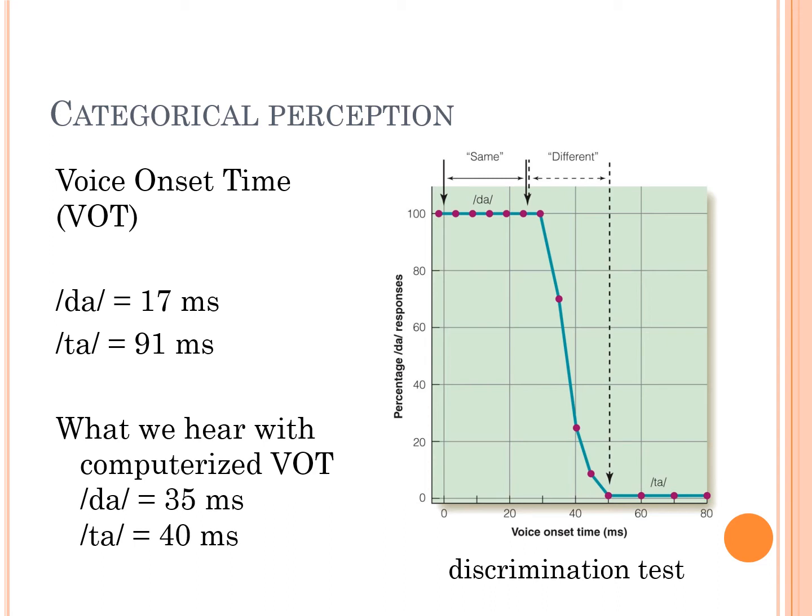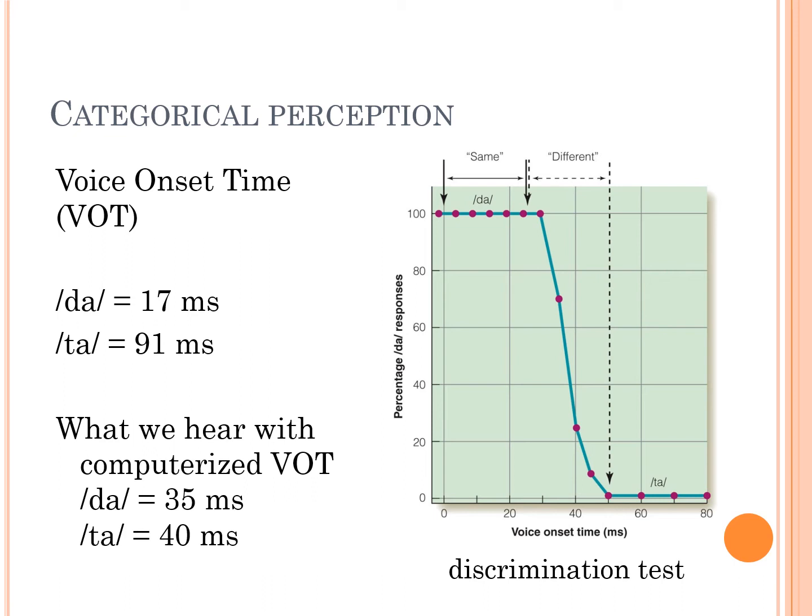Now let's look at the 25 milliseconds that spans that categorical boundary between "da" and "ta." This phonemic difference, the difference between "da" and "ta," is a meaningful difference in our language, but it has this particular boundary in it.